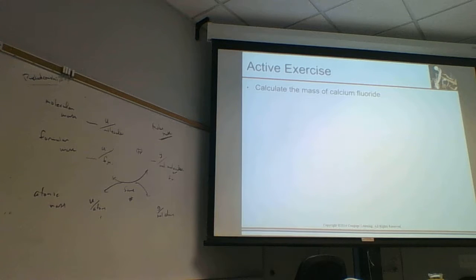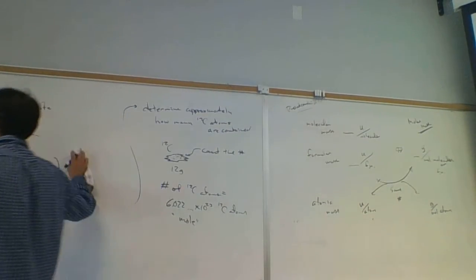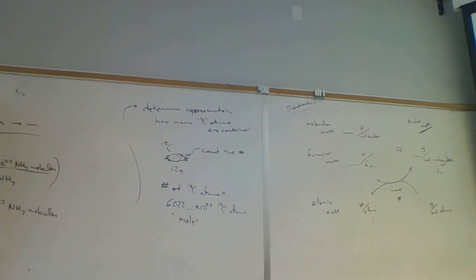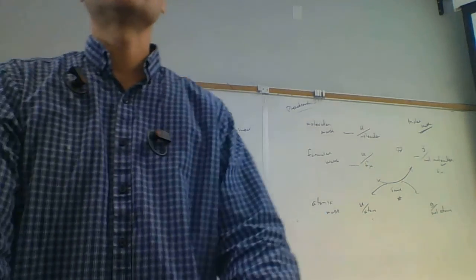Calculate the mass of calcium fluoride. Well, first off, we got to get the formula for calcium fluoride. What do you think, ionic or molecular? Well, if you have a metal, calcium's a metal, and a non-metal, then they're typically not molecular.